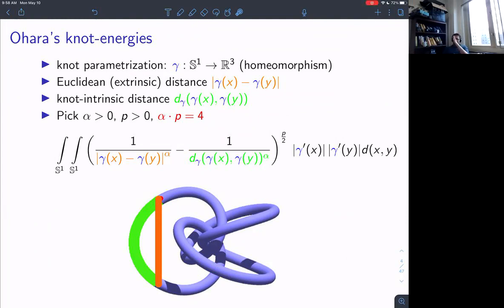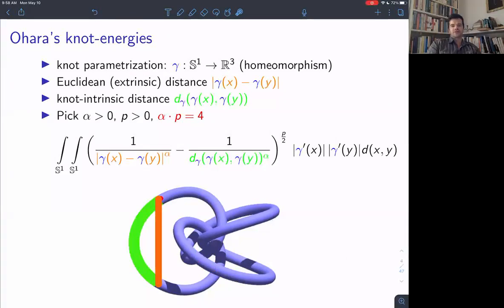So you have one minimizing sequence which pulls tight and moves to the unknot, most likely the round circle. And you have the other one which stays in its knot class and is like a pretzel shape or something. But the circle will have energy 0, right? So they can't both be minimizing sequences.